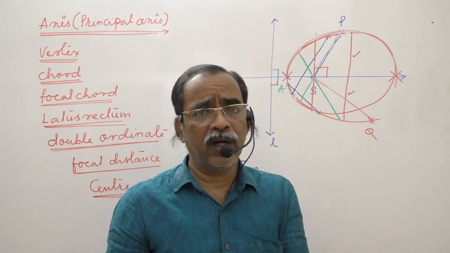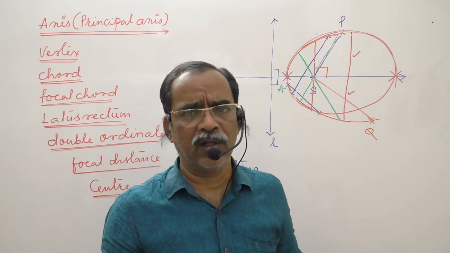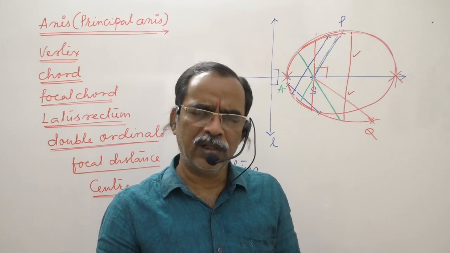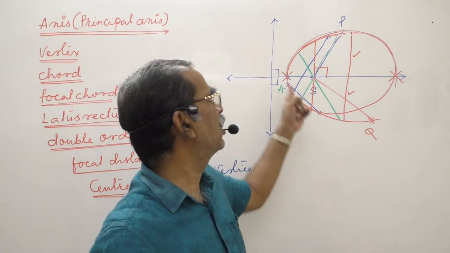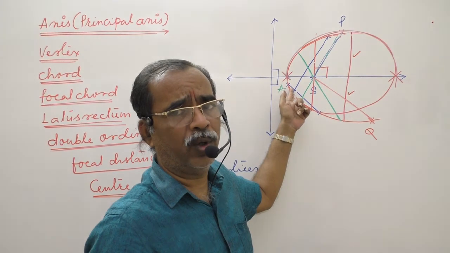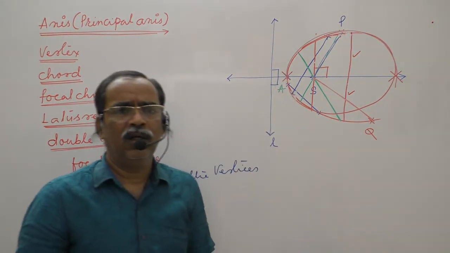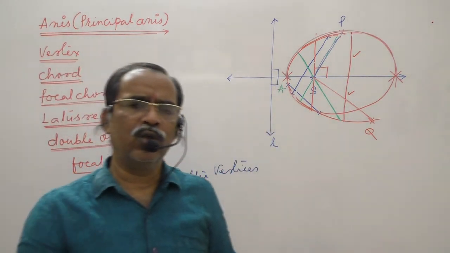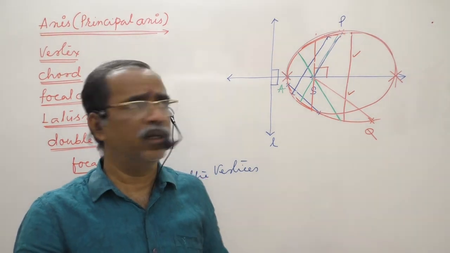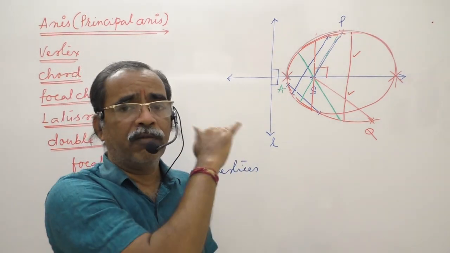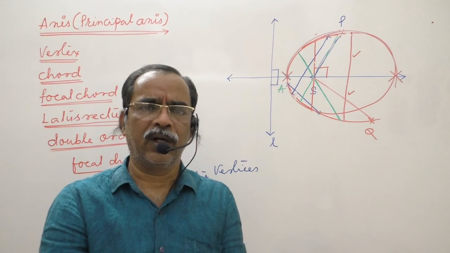If only one vertex is there, then center is not defined; in that case, center is nothing but the vertex, as there is only one point. These are very, very important. You should know the terms properly, and their figures also perfectly.